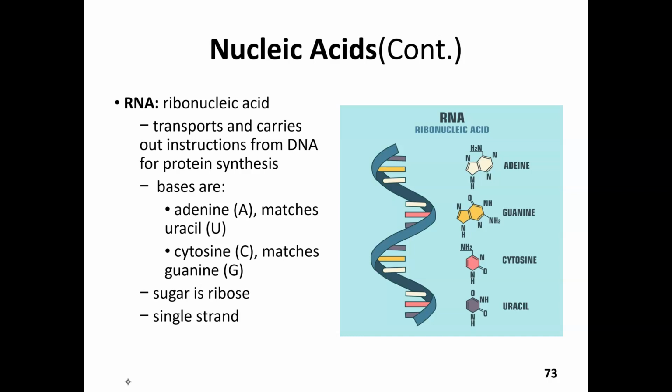There are different types of RNA, but all RNA is single-stranded, contains the sugar ribose, and contains adenine, which is spelled wrong there, but that's okay, guanine, cytosine, and uracil. So there's no thymine in RNA. Instead of thymine, we have uracil, okay?